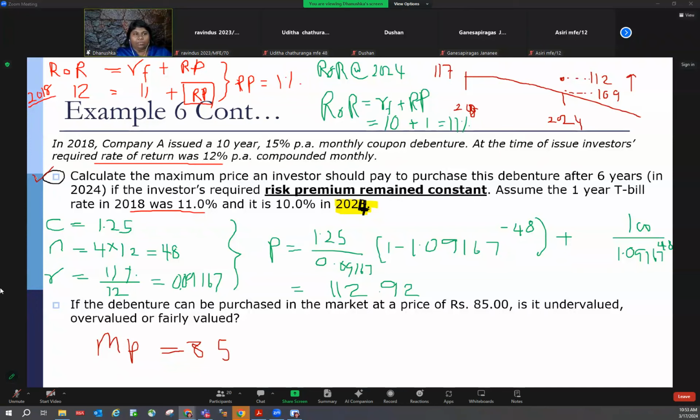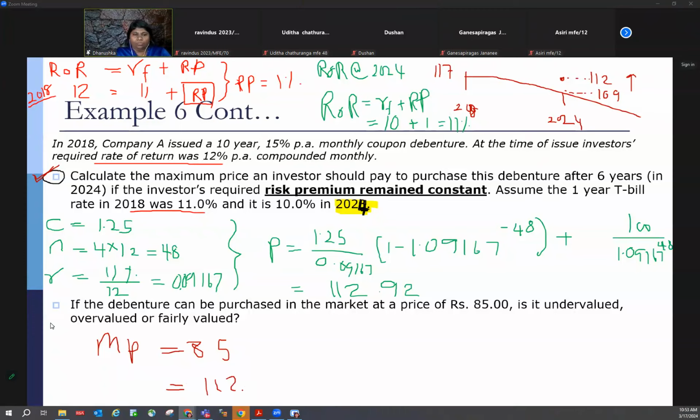Compare it against part 3. What is the price of this bond? The intrinsic value of this bond? 112.92. Compare it against this and figure out whether it's overvalued, undervalued, or fairly valued.